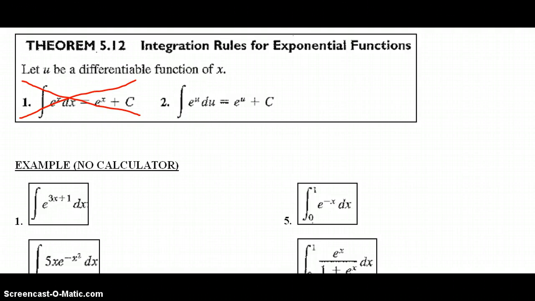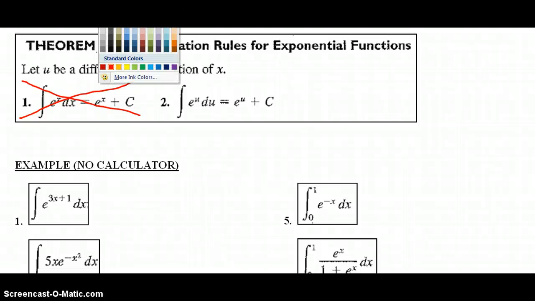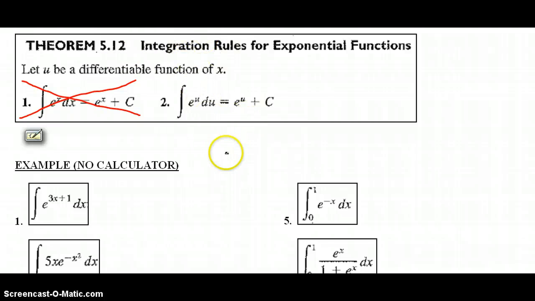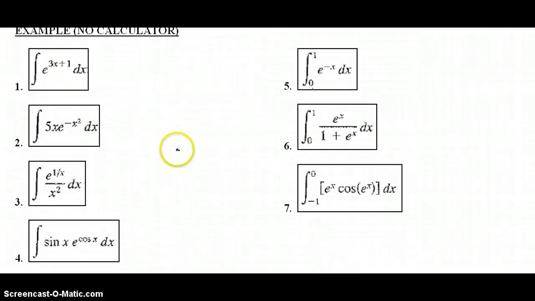So just to highlight that in our notes here, this right here is u and not x, because more often than not it is the byproduct of a u sub. So let's look at some examples here and take our rule and put it into use.